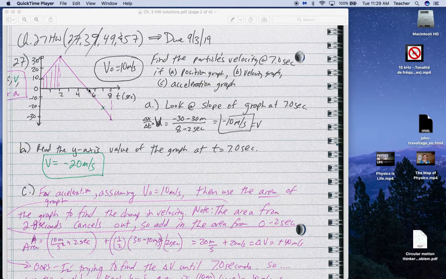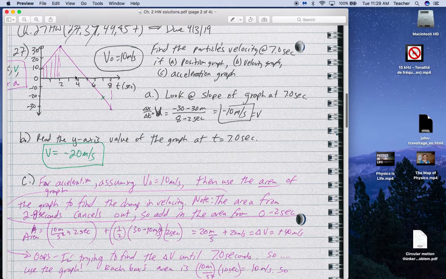So this area here does not cancel out this positive area here. So essentially I had to think about the fact that the change in velocity from 5 to 7 seconds would be the same as from 3 to 5, or pardon me, the change in velocity would be the same.